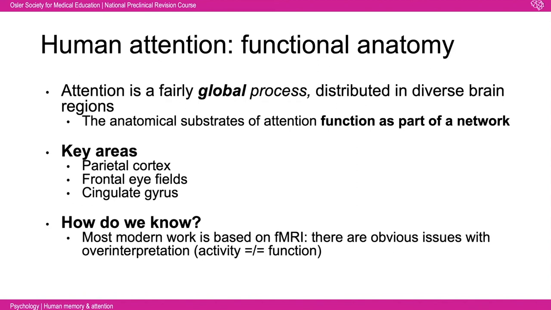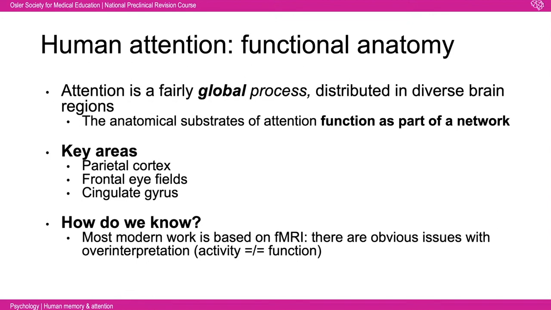So it's distributed in diverse brain regions. But further than that, whilst lots of brain functions require network function, attention seems to be one of those that really functions as a network. And so whilst there are lots of different regions, they also have to work together as part of one well-oiled machine.